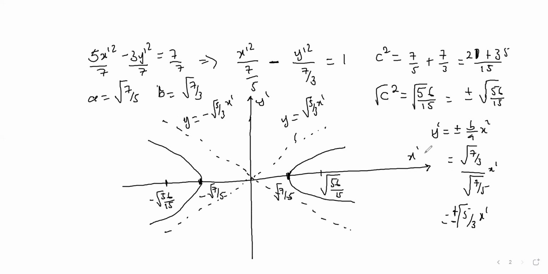Because if you put x and y, it becomes wrong because we haven't taken care of the angle to draw our hyperbola. So we've assumed that we have just rotated it, and then after rotating it, we balance it that way. Okay.